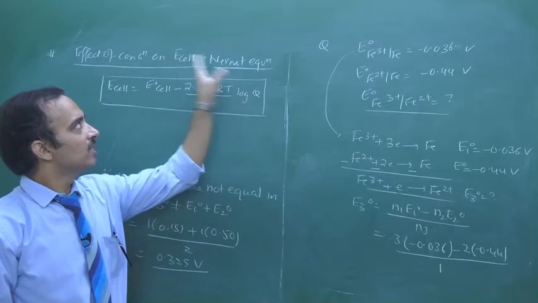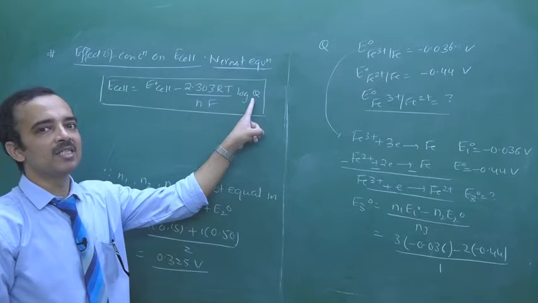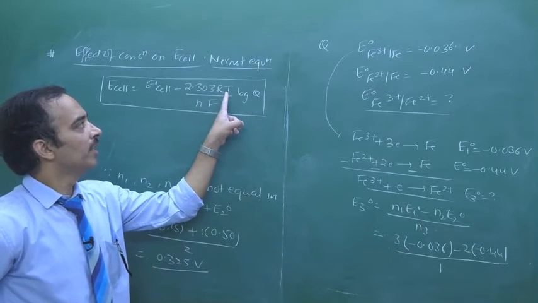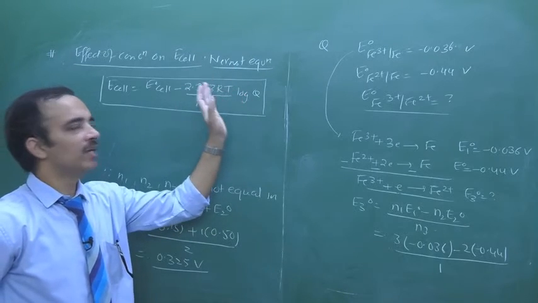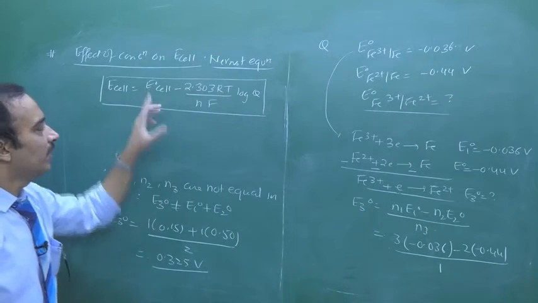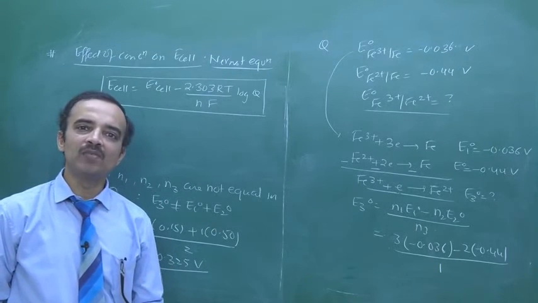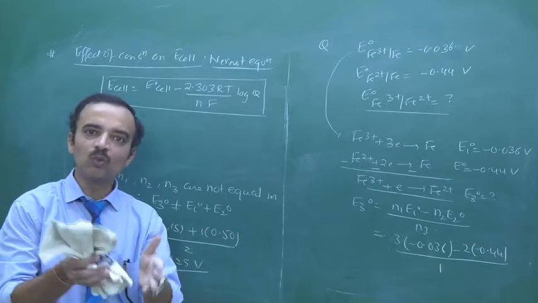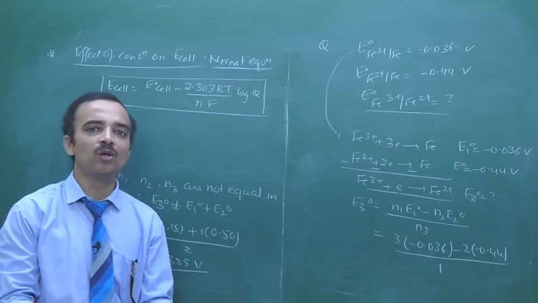So this equation denotes the dependence of EMF on concentration and partial pressure. This also involves temperature. On changing temperature, this term will change, therefore EMF will also change. This involves E naught cell. Beta, when the nature of the electrode changes, E naught cell will change. When the nature of the two half cells changes, E naught cell will change. That's why E cell will also change.